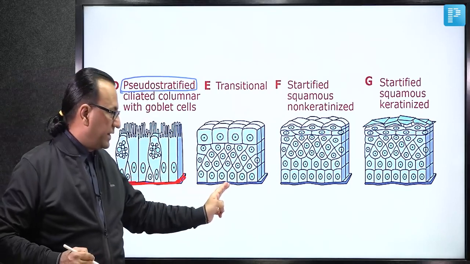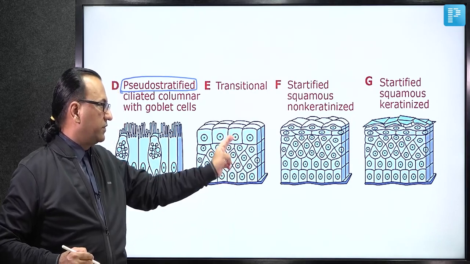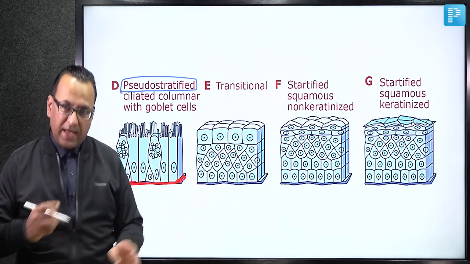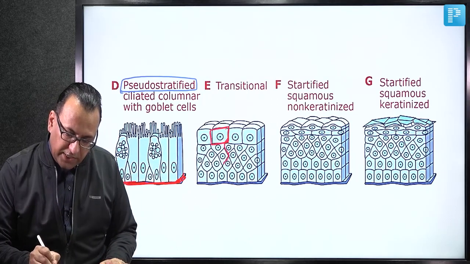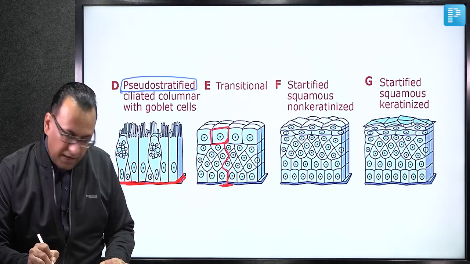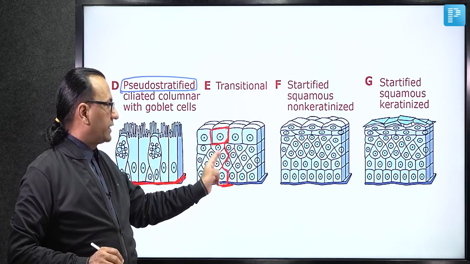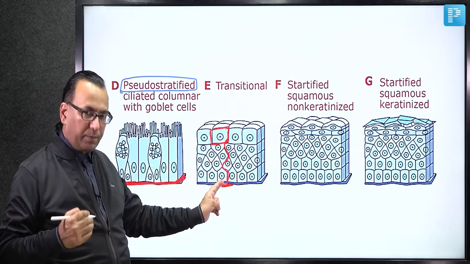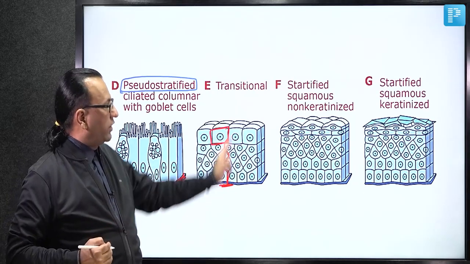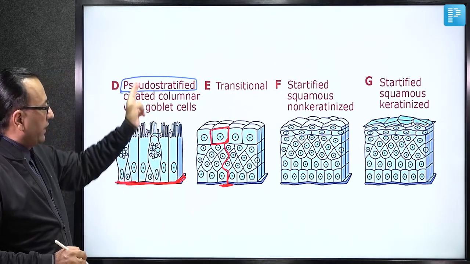Even the transitional epithelium, though it appears multiple layered, it is seen that the cells which are towards the lumen, even they have some cytoplasmic extension and reach the basement membrane. So even the superficial most cells have some cytoplasmic extension attaching to the basement membrane. It cannot qualify as proper stratified. We'll be talking about transitional epithelium in detail, and we'll be doing pseudo-stratified as well.